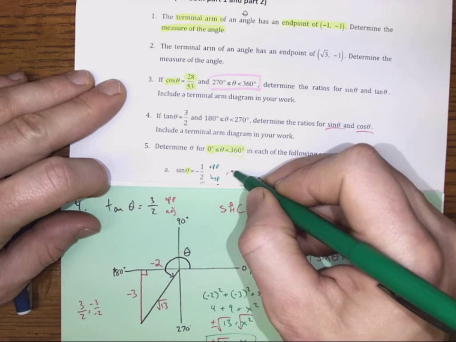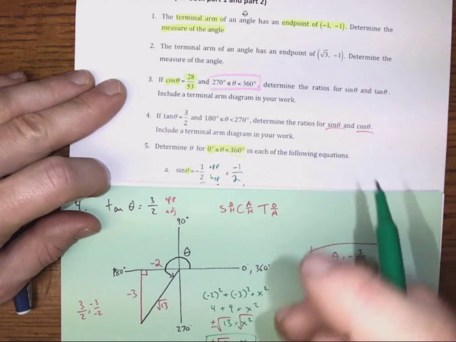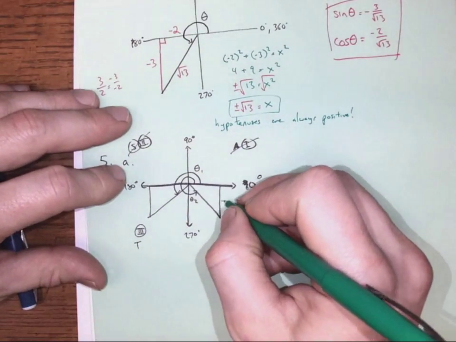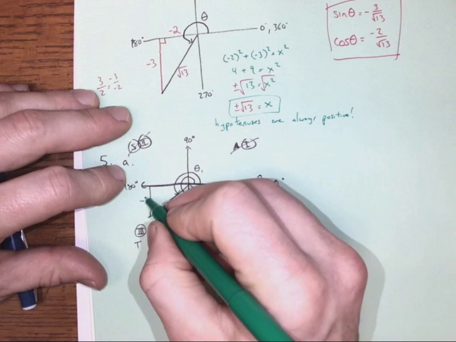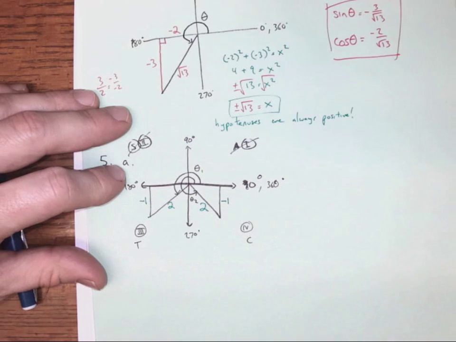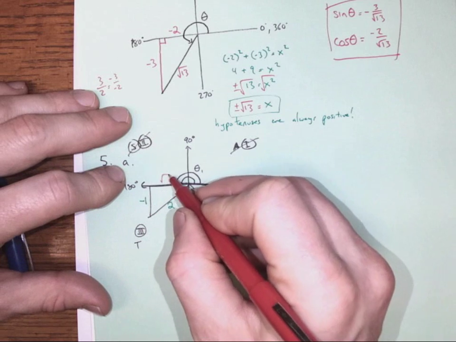So that means we'll have a negative 1 opposite side and a hypotenuse of 2 in both conditions. And this is similar to a particular special triangle we've seen before. So we know the other dimensions of this triangle as well. And we also know that this reference angle is 30 degrees.